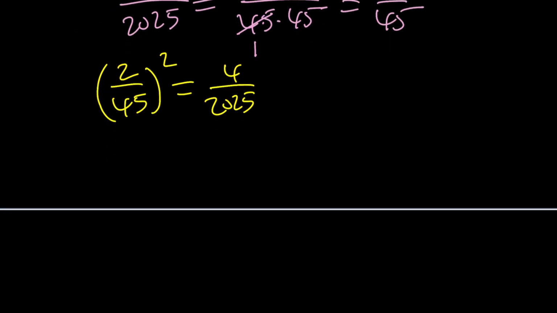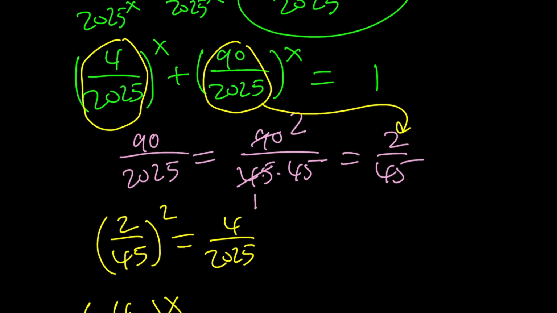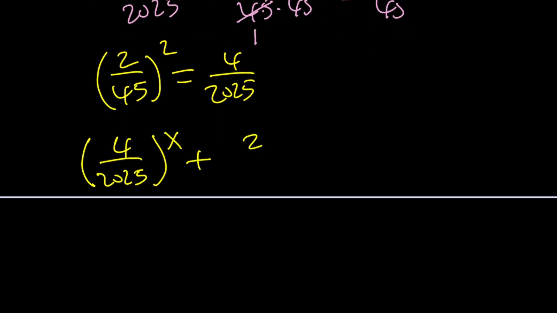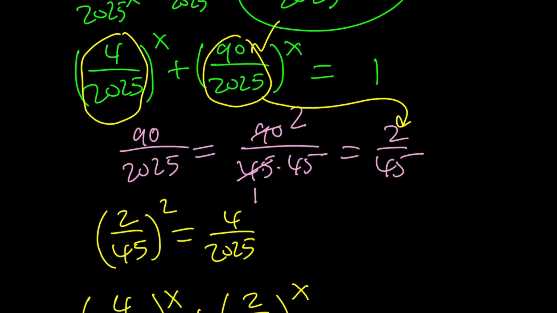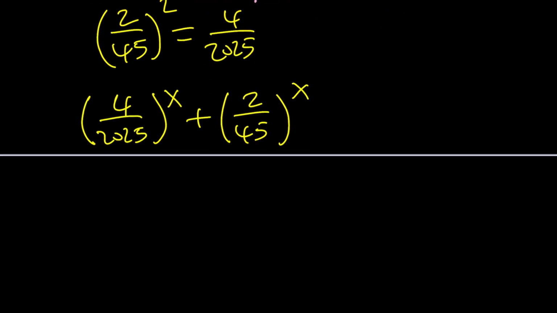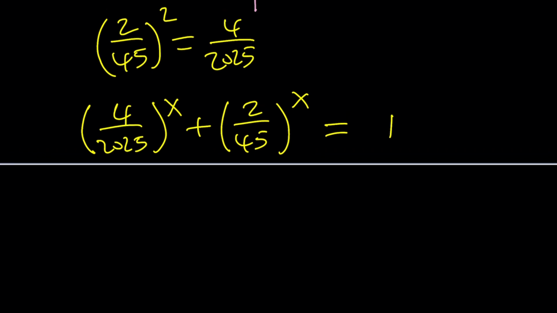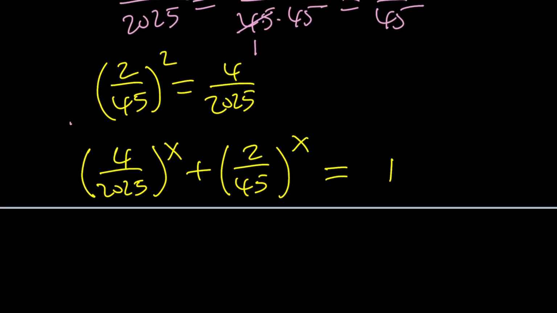Let's go ahead and rewrite it that way. 4 over 2025 to the power x plus, now I'm going to replace this fraction with 2 over 45, which is the simplified version, right? You see that? Okay. And then I'm going to set it equal to 1.